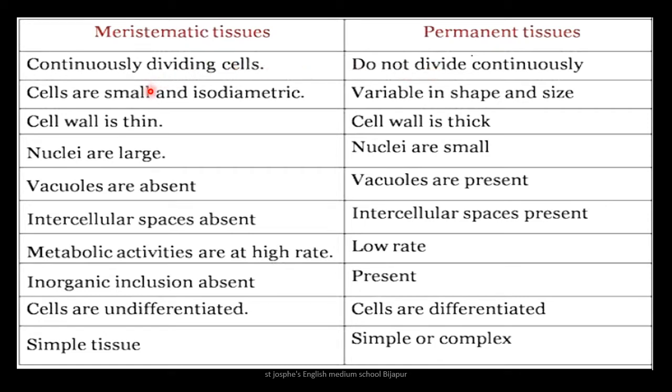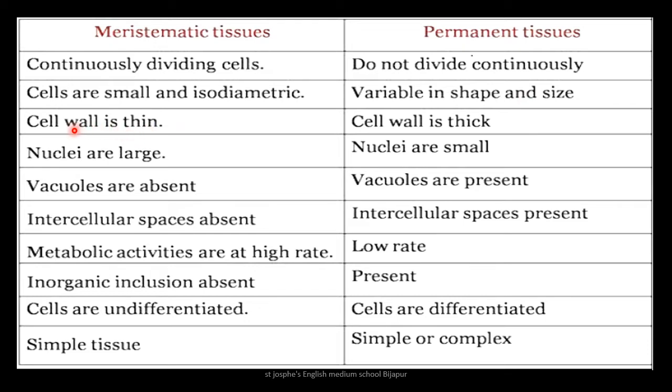What about the shape or size of these cells? Meristematic cells are small and isodiametric, almost all of similar size and shape, but permanent tissues show variation in their shape as well as size.